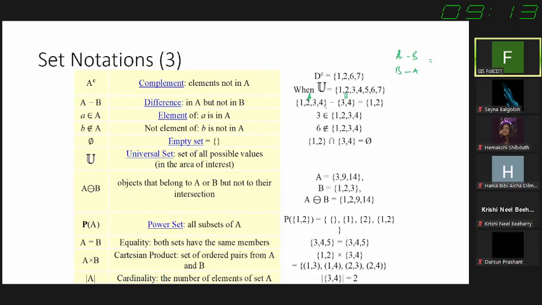So {1, 2, 3, 4} minus {3, 4} would be {1, 2}. If it were to be the inverse, it would be different. Now, 3 ∈ A is read as 3 being an element of the set A. Remember, a small letter is an element of the set.